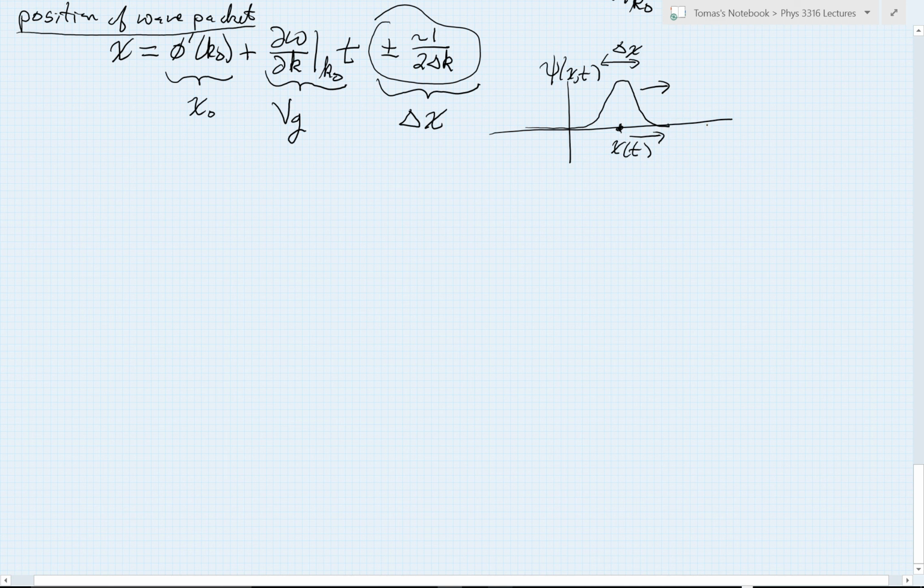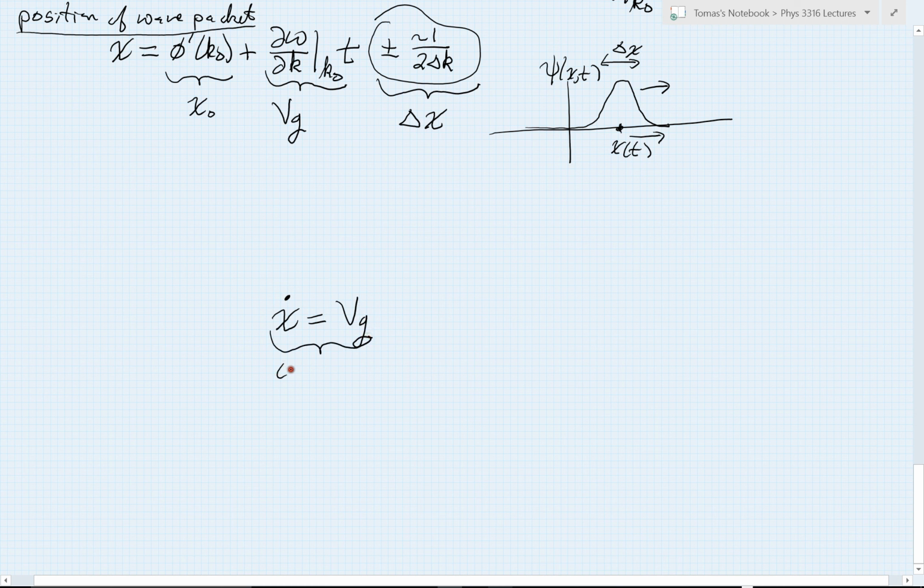Now for that to happen, I want to think about the connections we're making. What we're saying is that the velocity of the classical particle, if I think of it as having a trajectory x of t, the velocity, which I will call x dot, must match my group velocity. That's what I've been saying so far, right?